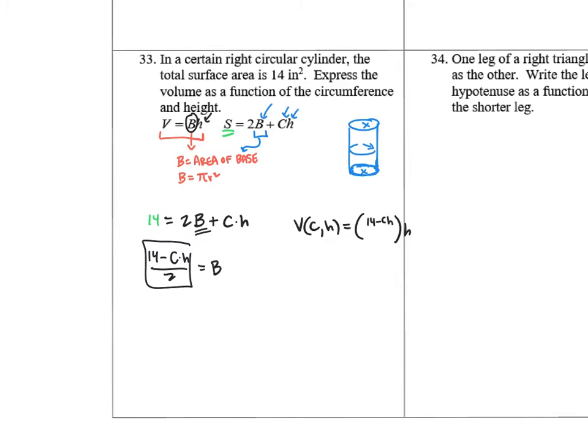So I'm going to sub that in, and I've got my formula. The volume with respect to the circumference and the height would be, I'm going to simplify this a little bit, 7, that's 14 divided by 2, minus CH squared over 2. So that would be the volume of that right cylinder with respect to the circumference and the height.